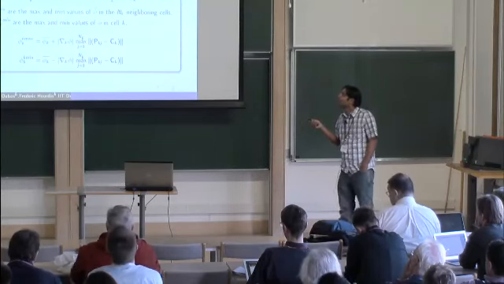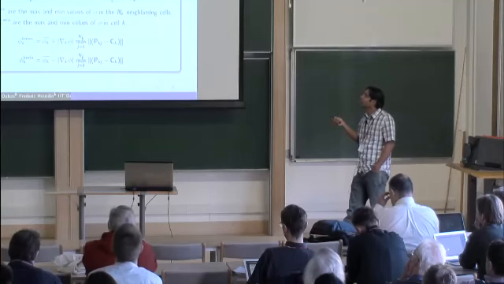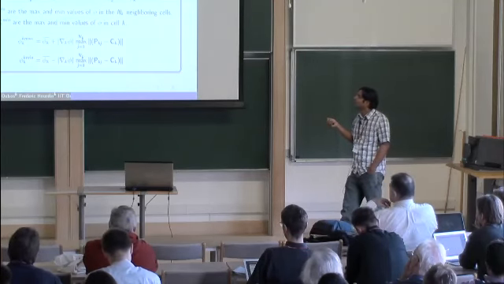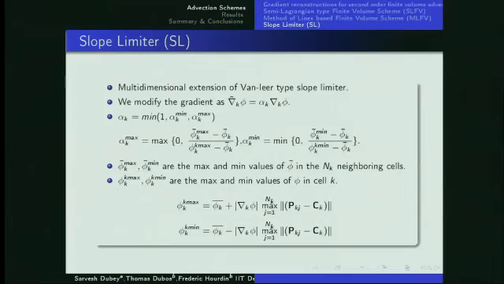This is a very crude Van Leer type of slope limiter. In this slope limiter, we just replace our computed gradient with this new modified gradient, where alpha k is a factor determined by this coefficient. Basically, we check how the tracer is changing inside the cell and how the tracer is changing around the neighborhoods.